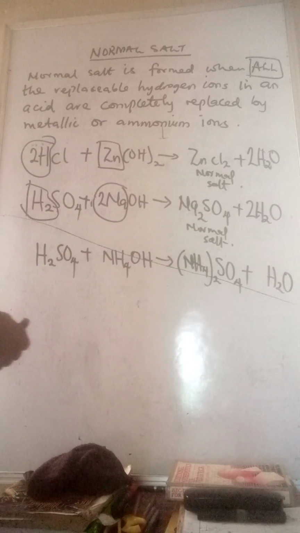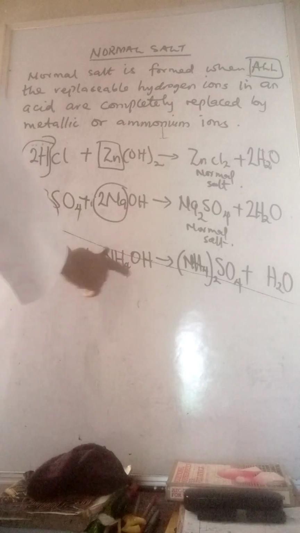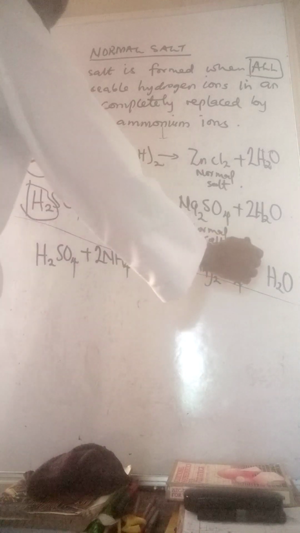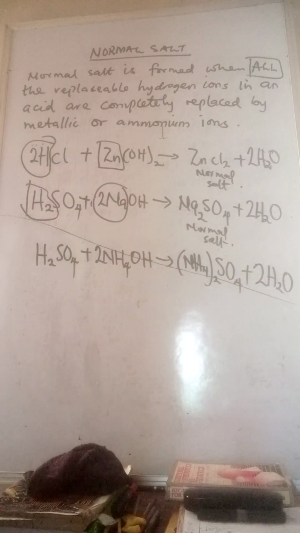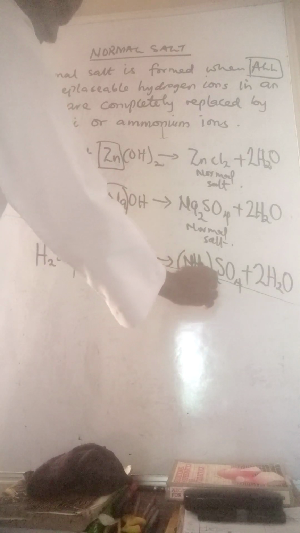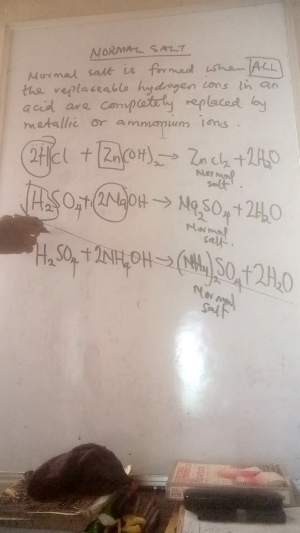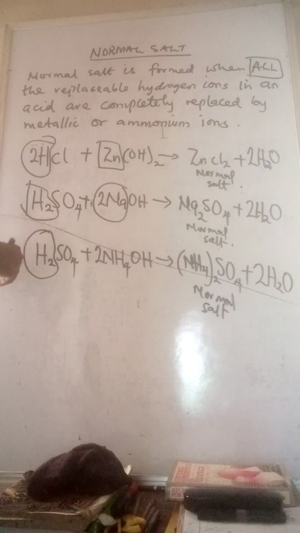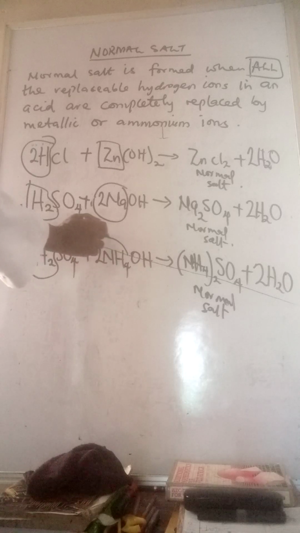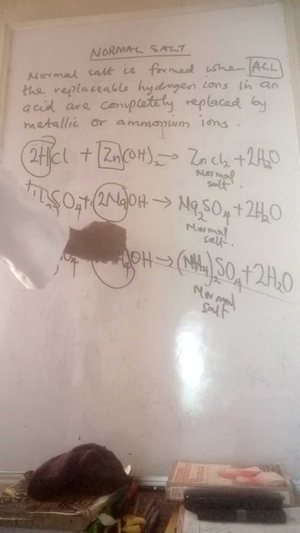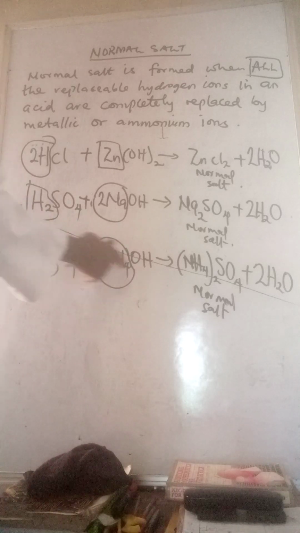I need to balance the equation. So ammonium sulfate is a normal salt because the hydrogen inside of H2SO4 have all been replaced by the ammonium ion in ammonium hydroxide.